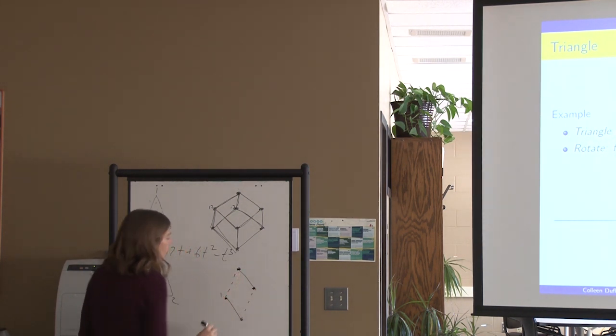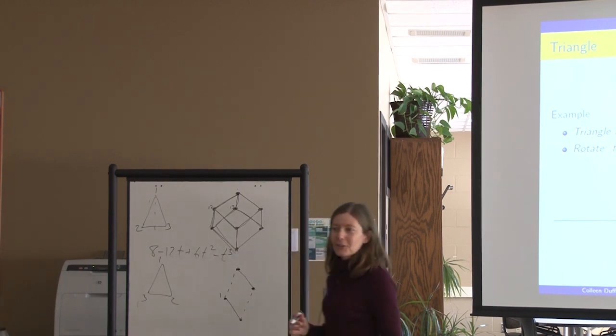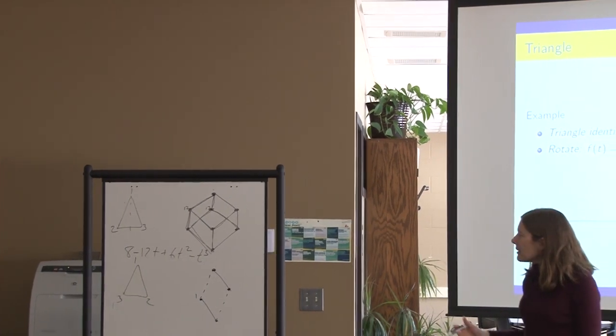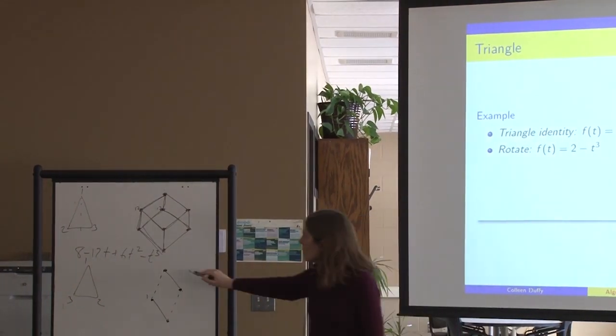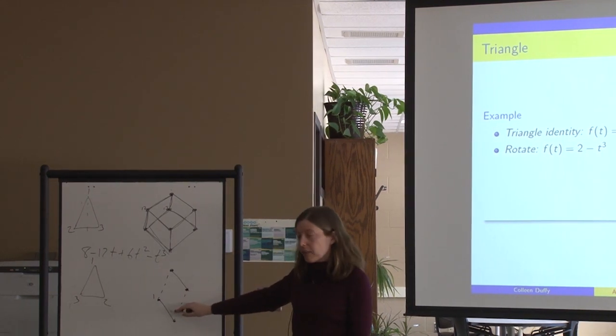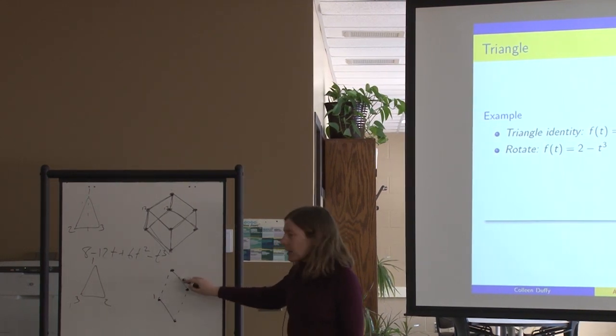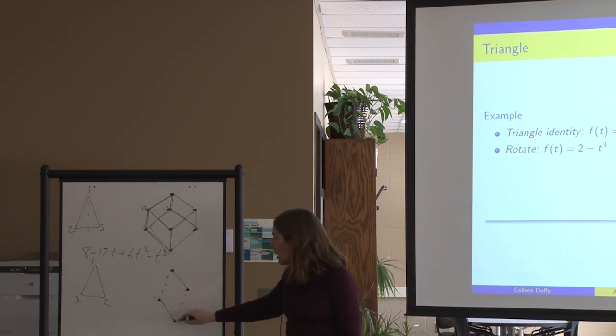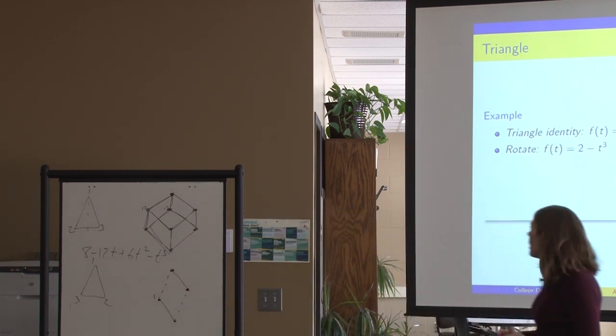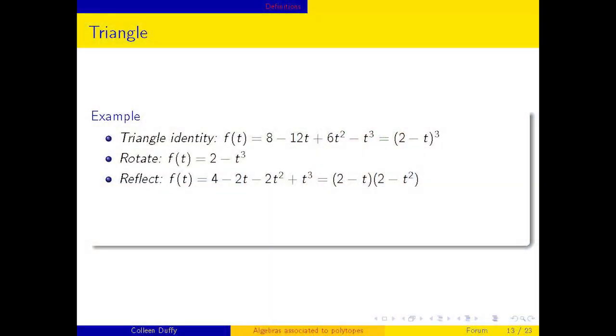I just use dashed lines to remind me that those are not length 1 edges, those are length 2 edges. And so here we have 4 paths of length 0, 2 paths of length 1, 2 paths of length 2, and then 1 path of length 3. And so we get the polynomial 4 minus 2t minus 2t squared plus t cubed.